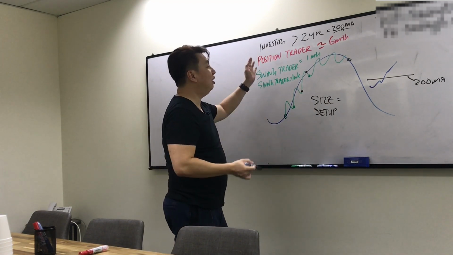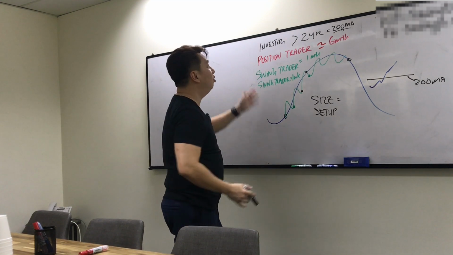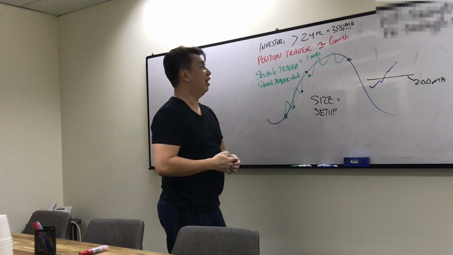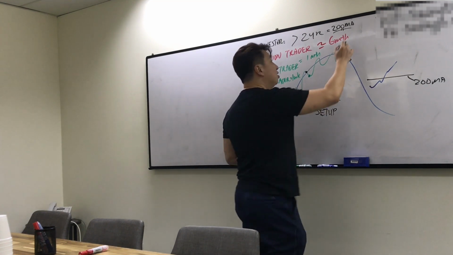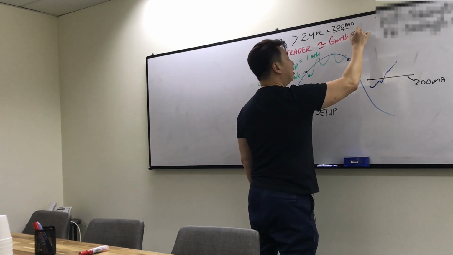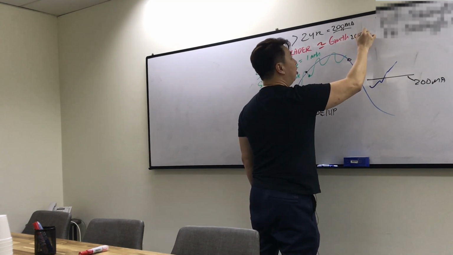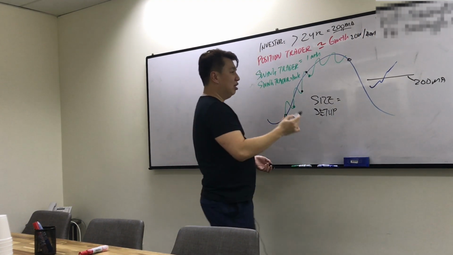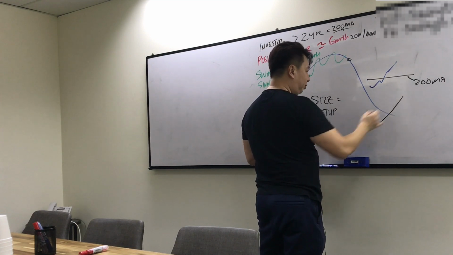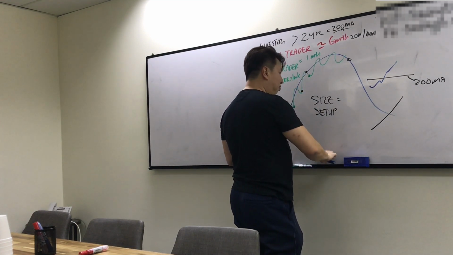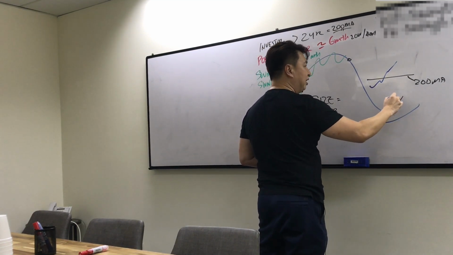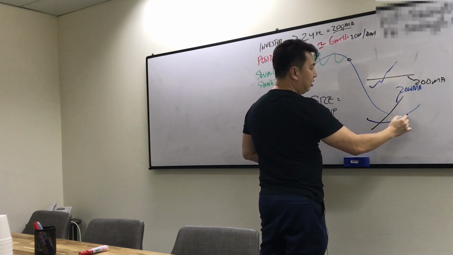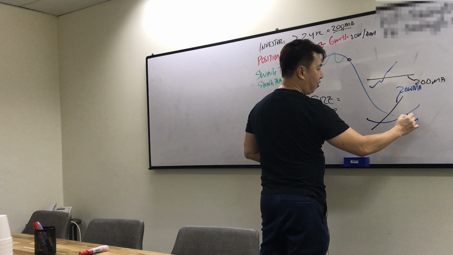For position trading, your time frames are shorter, so you can use either a 20 or 40 week moving average as an entry and exit. So when the price crosses above my 20-week moving average, this will be my entry, and this is a 40-week moving average.